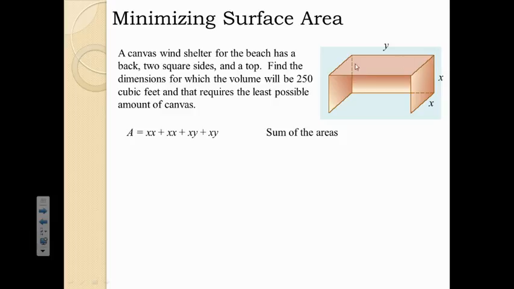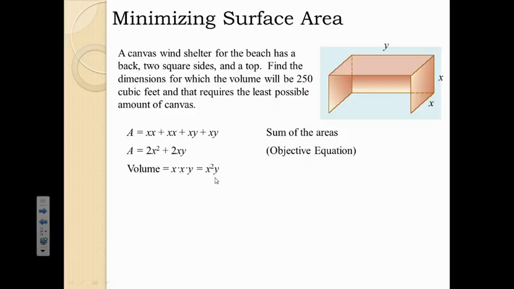It's this particular rectangular shape, and it's x high and y long, so it's xy. So when we sum all of these up, we'll find that the area is 2x squared plus 2xy. Now, this is going to be our objective equation. This is what we want to find. This is our goal.